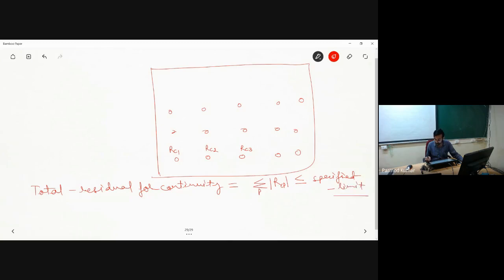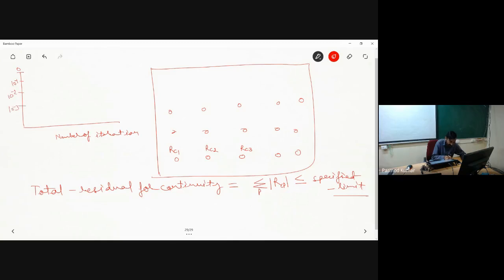Those of you who are already doing simulations using any CFD software, say OpenFOAM or ANSYS, might be aware that you get a residual plot. The residual plot is something like this. Here you have the number of iterations, and on this side you have the residual, say 10 to power minus 1, 10 to power minus 2, something like this.